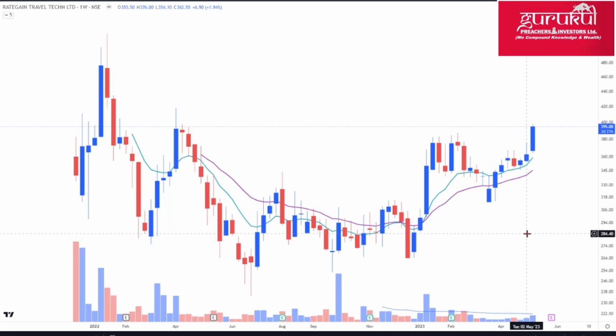I've already given you my overview about the chart, and in case you have missed it out, you can press the I button and find out the link, go and understand the chart layout, then come to this analysis, right? Okay.